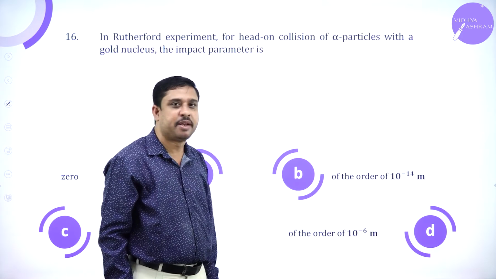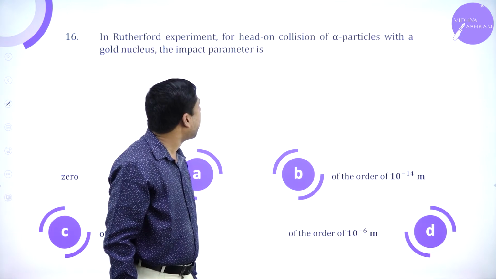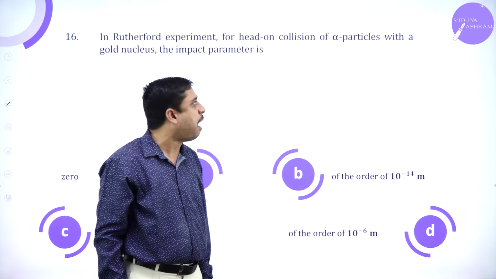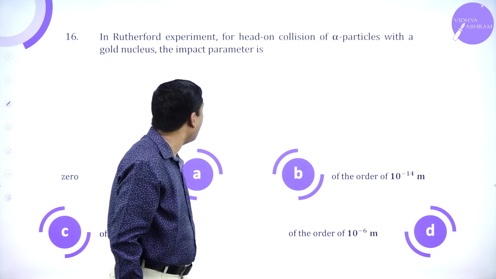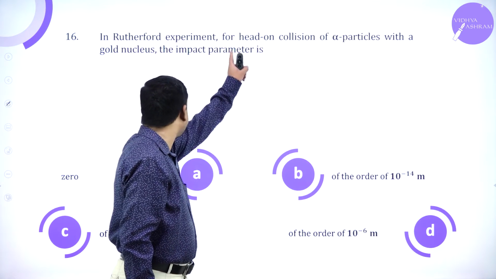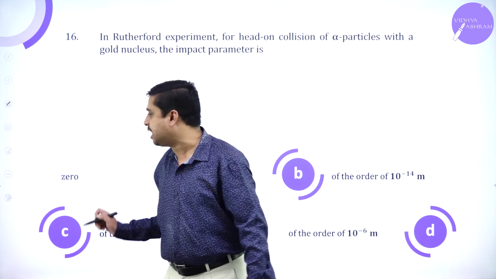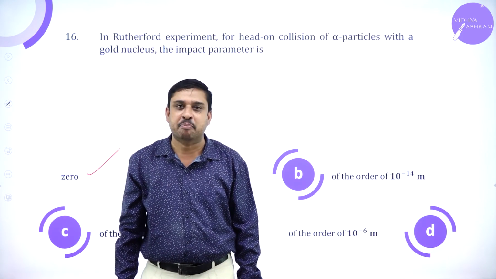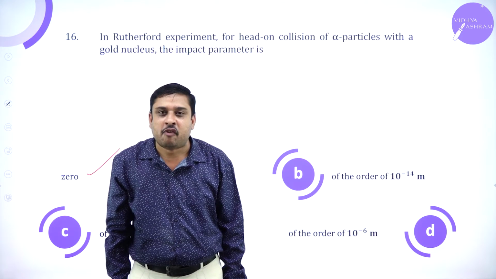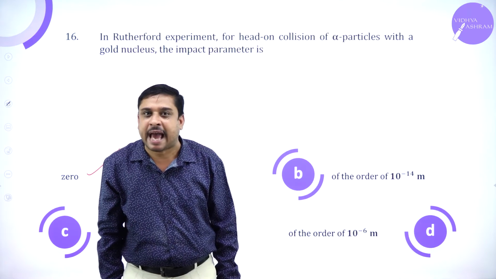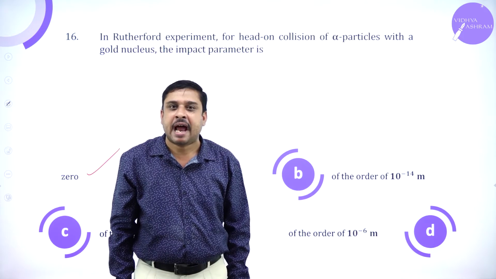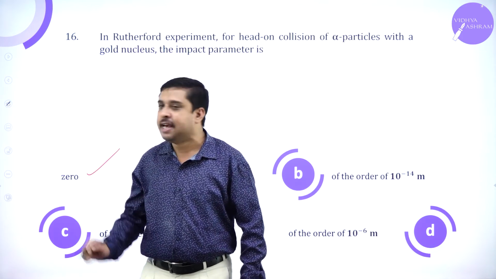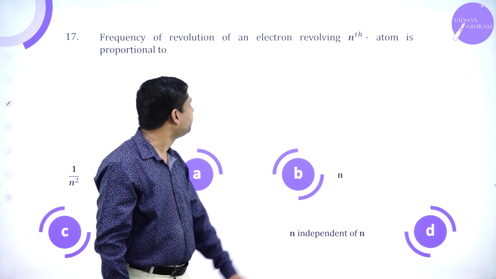In Rutherford's experiment, for head-on collision of alpha particles with a gold nucleus, the impact parameter is always 0.